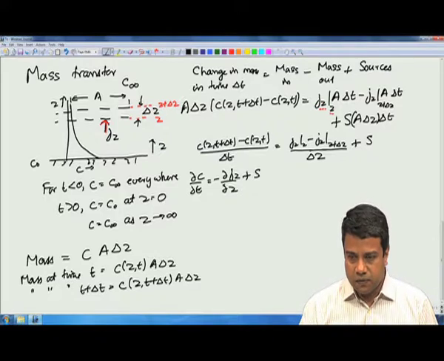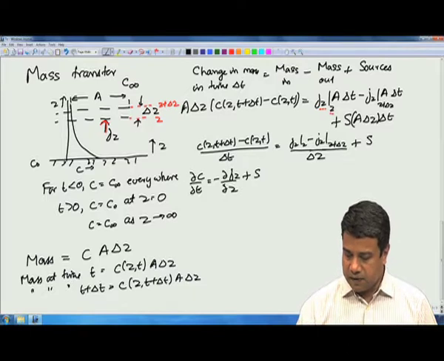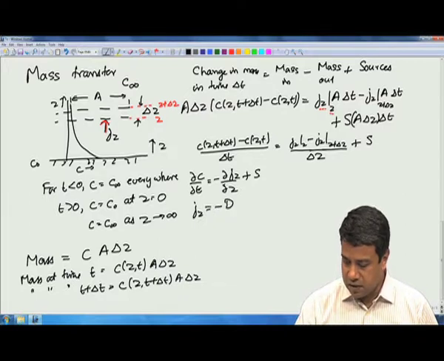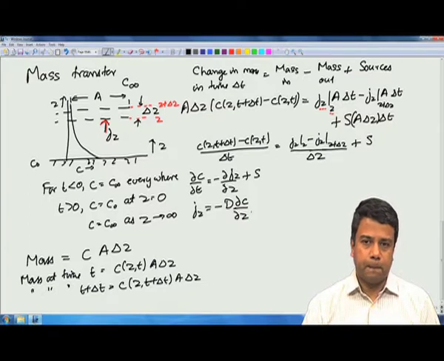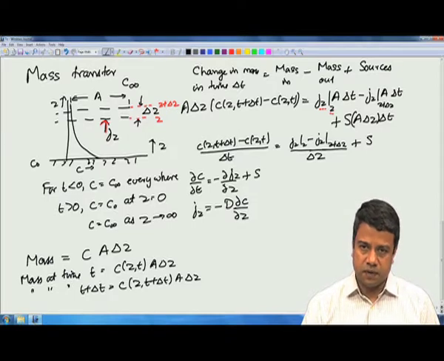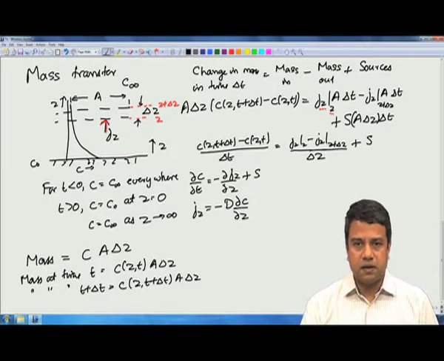Now, we have to go on to determining the constitutive relation. The constitutive relation is of the form j z is equal to minus the diffusion coefficient times dc by dz. The negative sign, because mass is transported from regions of higher concentration to regions of lower concentration, and d here is the mass diffusion coefficient.